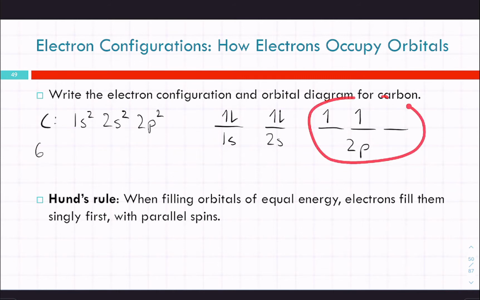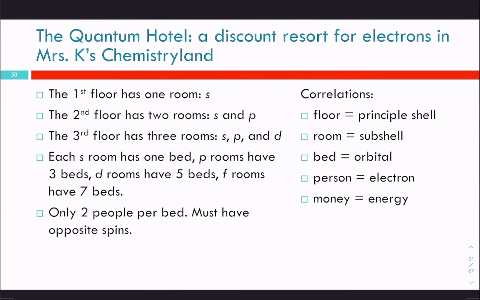We also talked about Hund's rule, so filling orbitals with equal energy. You fill them singly first and with parallel spins. And this is where I have the example of Mrs. K's chemistry land. So you can think of these different orbitals like hotel rooms with different numbers of beds.